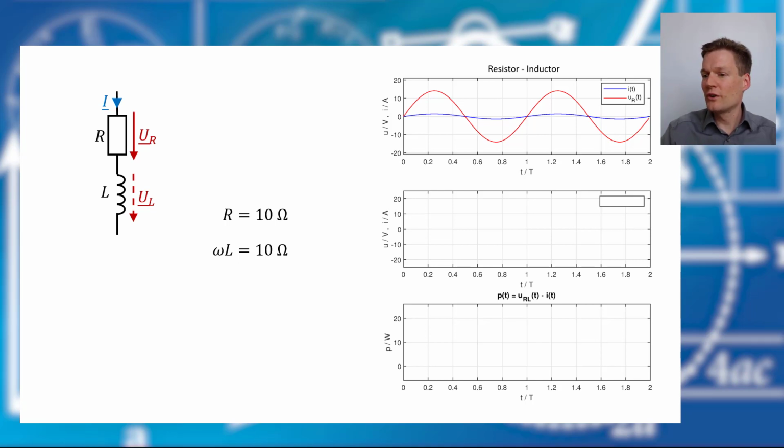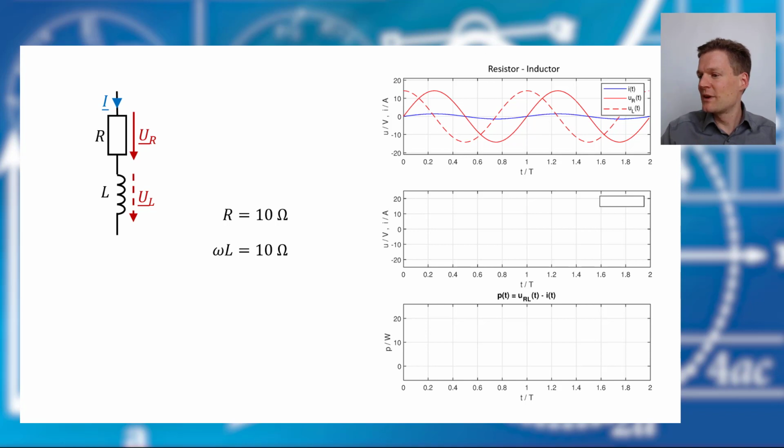And then we have a voltage drop at the inductor, and it has the same absolute value because both elements have the impedance of 10 ohm, but here we have a phase shift and the voltage at the inductor is leading to the current.